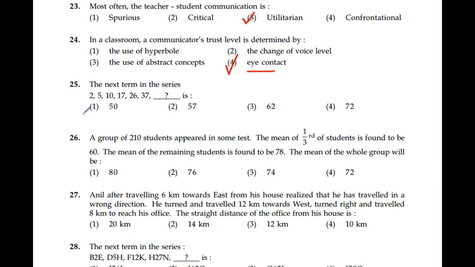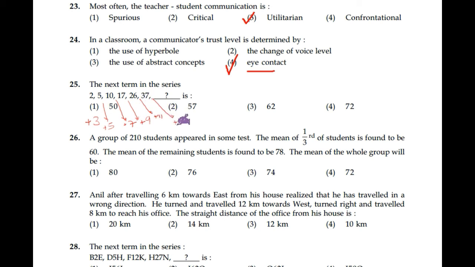Now question number 25. The next term in the series. So here we'll find the next term. 2 and 2 plus 3 is 5. 5 plus 5 is 10, and 10 plus 7 is 17. 17 plus 9 is 26, and now plus 11 is 37.